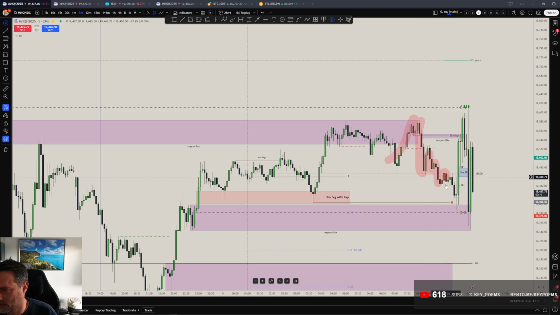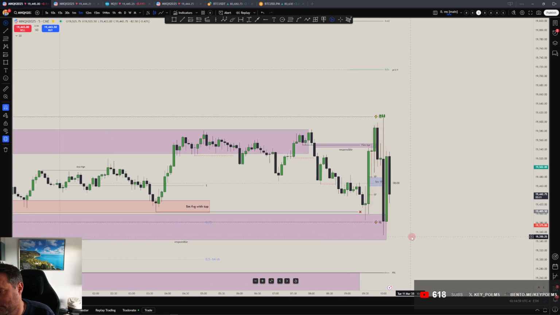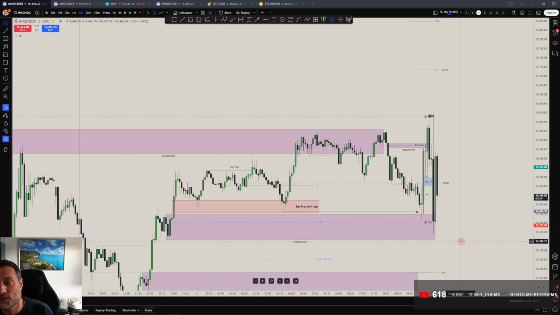At 8, and then we came down. The open took this liquidity, came up, failed. And this is the usual take both sides of the AM session, with the idea of taking out all participants that did not position themselves correctly, and then we'll go for the real direction.